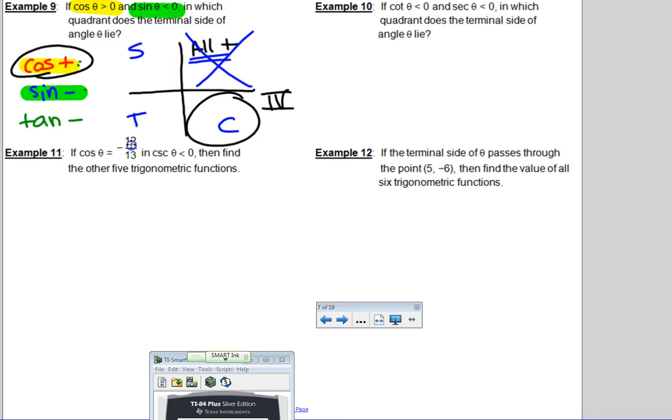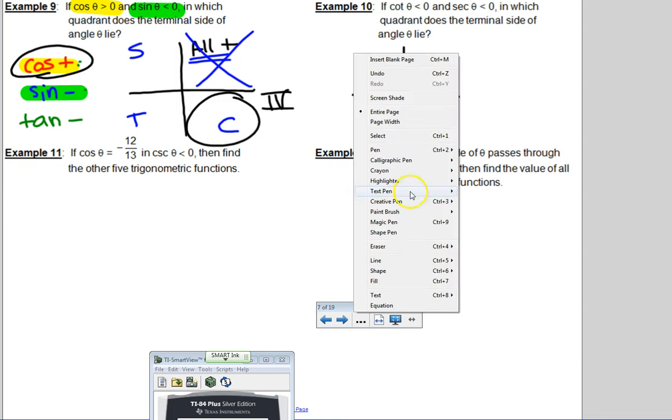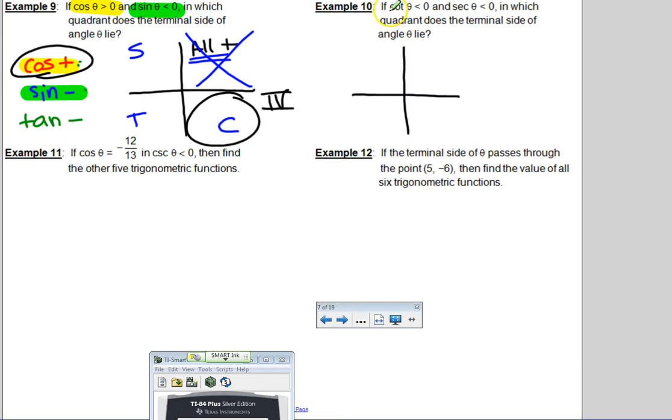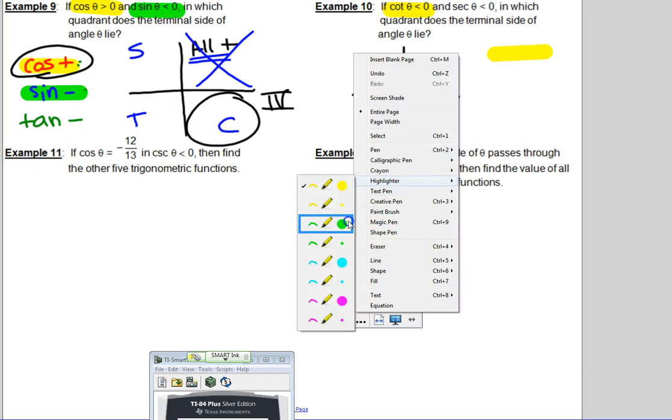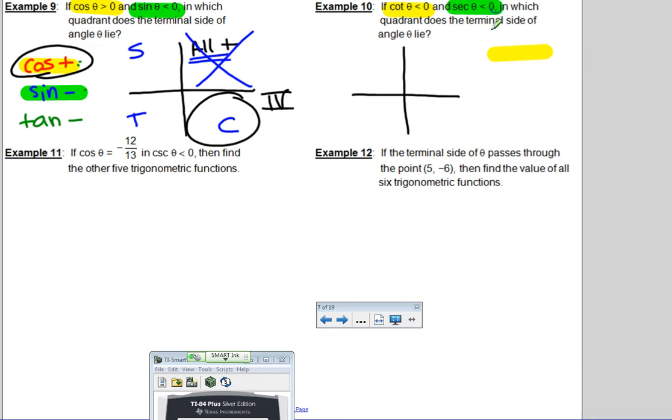Okay, we'll try this one last time. I want to know what quadrant we're in. And they tell you that cotangent is less than 0. Now, if cotangent is less than 0, we really want to work with the main function. So cotangent is going to go with tangent. And then we have secant. Again, we want to use our main function.